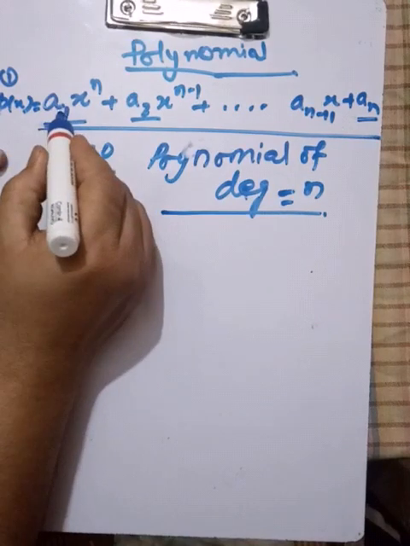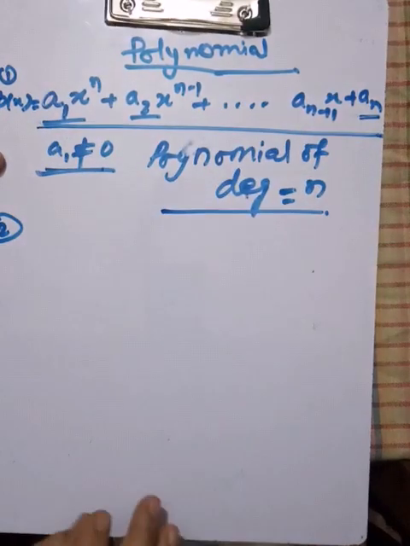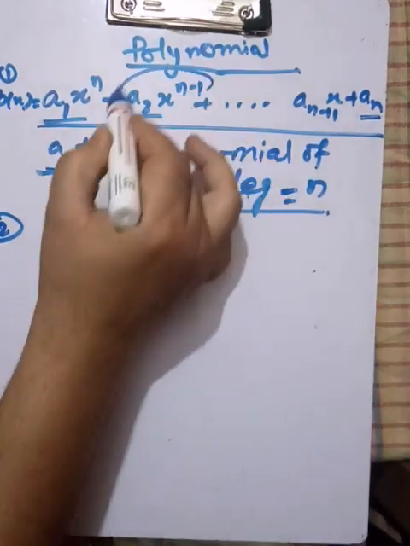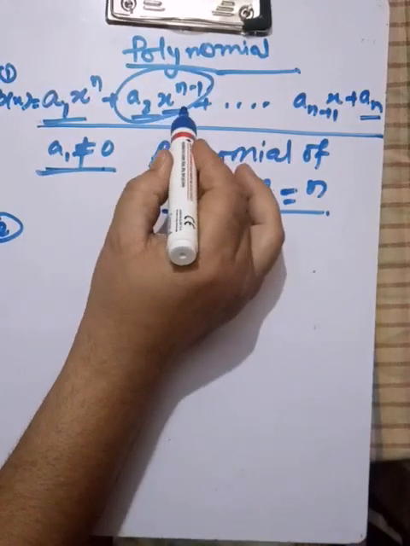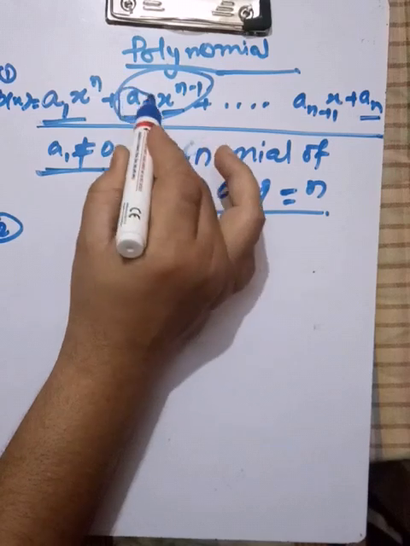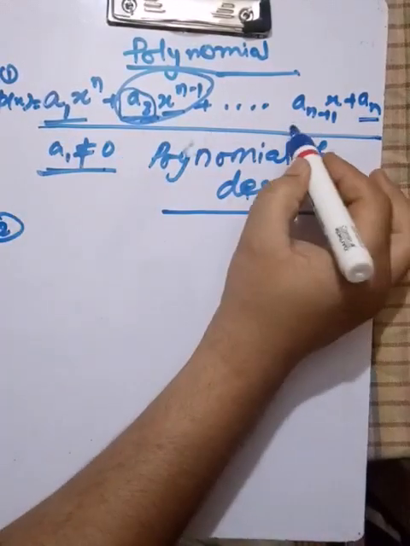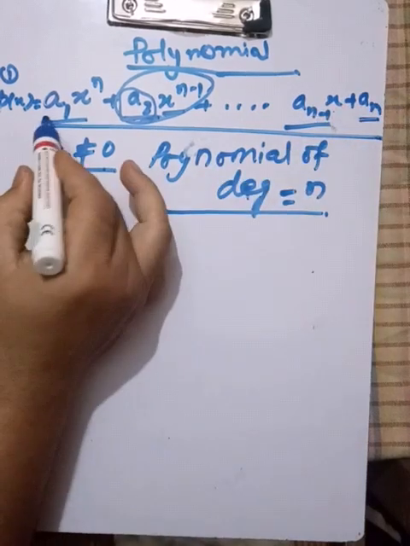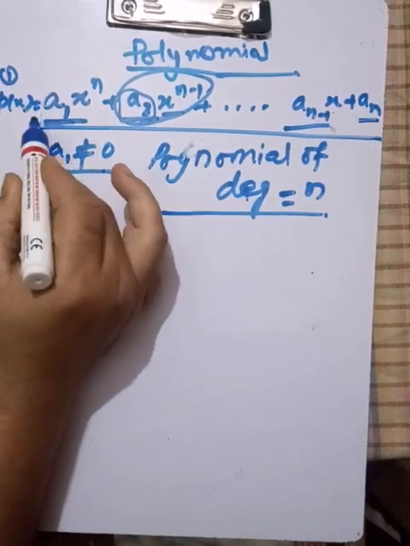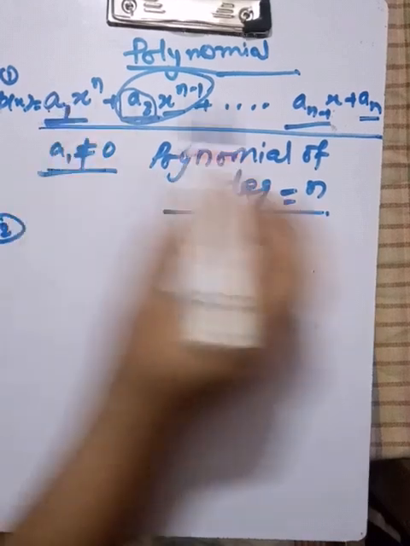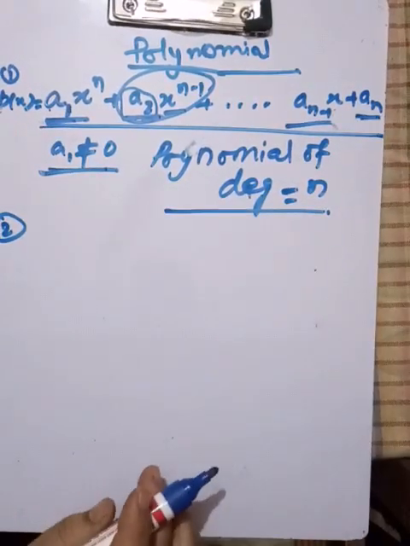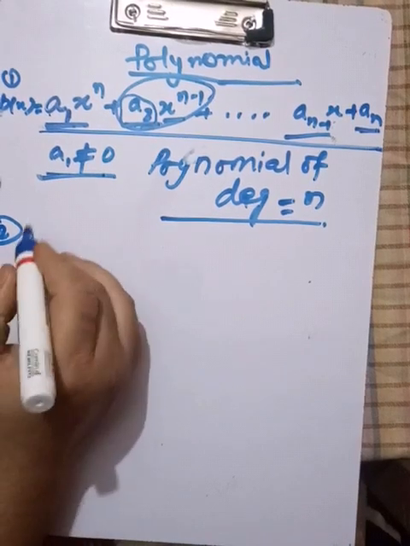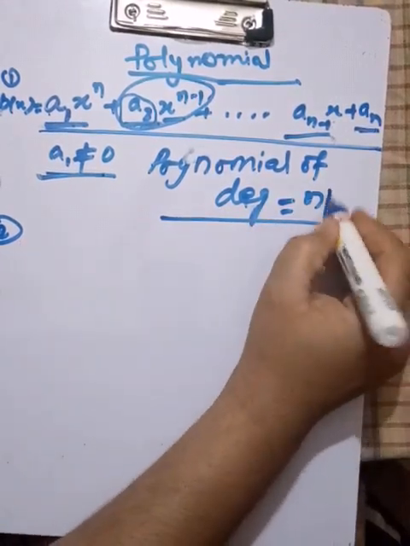If you start with a0, then it will be n plus 1 terms. Whatever term you take, this is the variable part and this is the literal part. This part is called the coefficient. So in this part, a1 is our coefficient. In this, an is the constant term. So you understood coefficient, and now you understand degree.